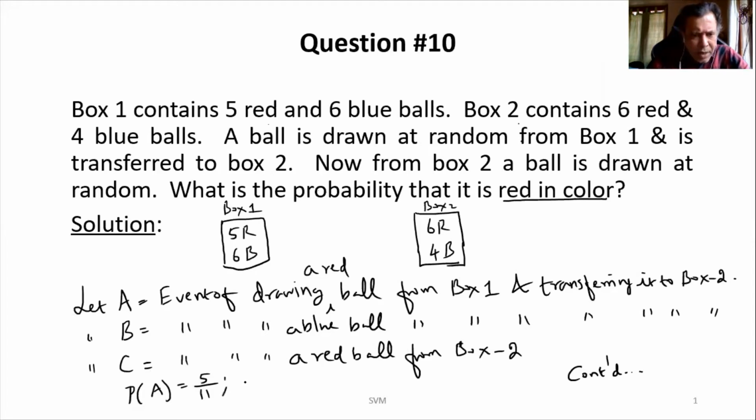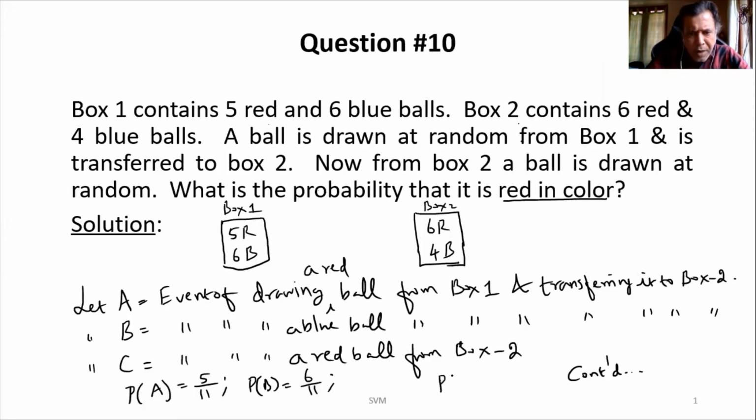Now what is probability of B? It is the event of drawing a blue ball from box 1. Out of these 11 balls, you are supposed to draw one blue ball. There are 6 blue balls. So this will be 6 by 11.